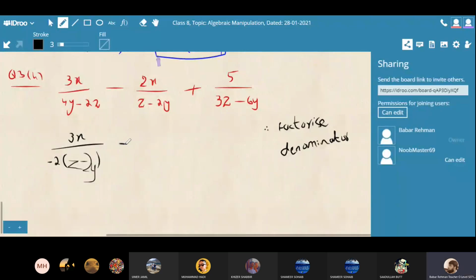Minus 2x upon z minus 2y. Okay, what is the common over here? Sir, it would be plus 5 over 3 bracket z minus 2y. Right? Please write it, Sadullah. How can we take the common from here? Yes, sir.